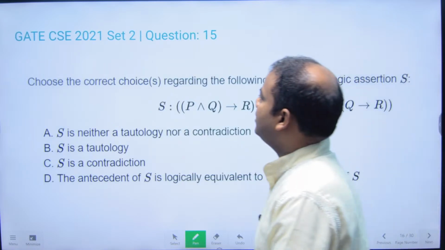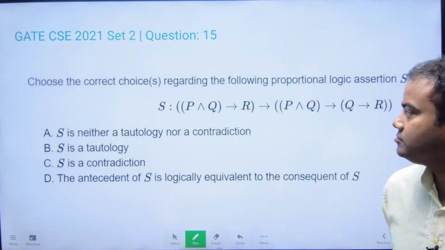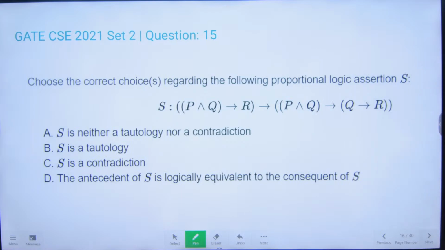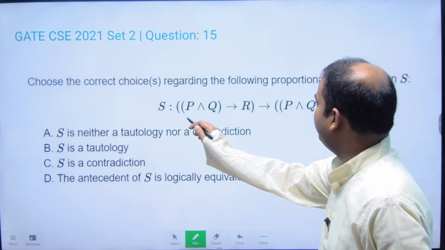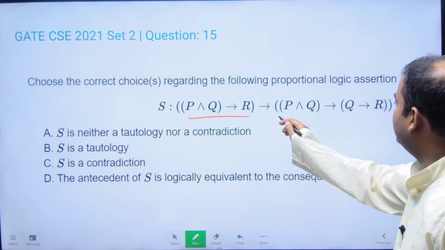Now this is a GATE 2021 question. Can you tell me? Tautology means always true. Contradiction means always false. Now when this thing is given, this is called the antecedent and this is called the consequent.